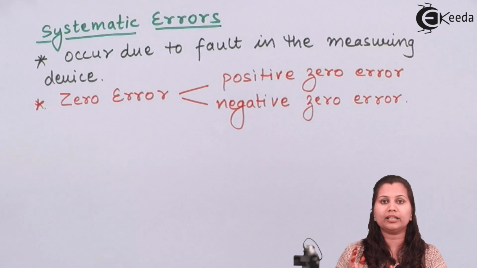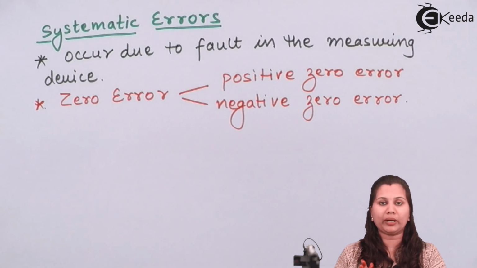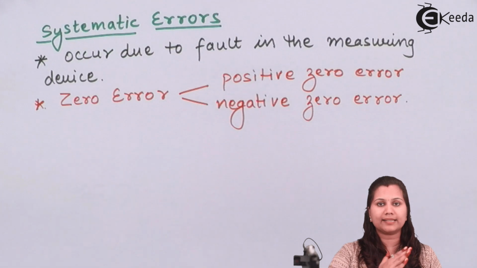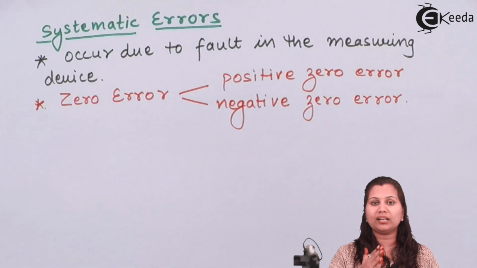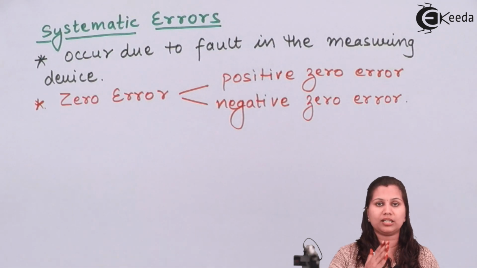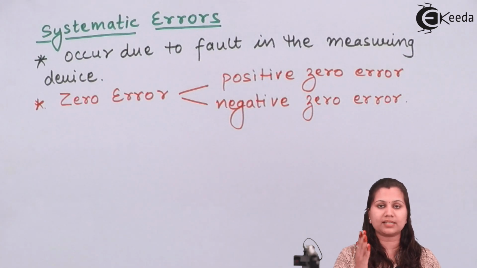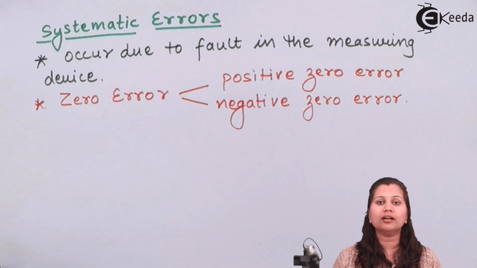So the ammeter will have readings from 0 to 100. When the ammeter is not connected in the circuit, the pointer should be at the zero position. But when it is not at the zero position, and is tilted towards the positive side or towards the negative side, then an error can occur when we are using that ammeter.